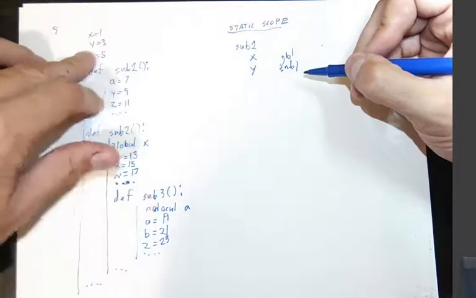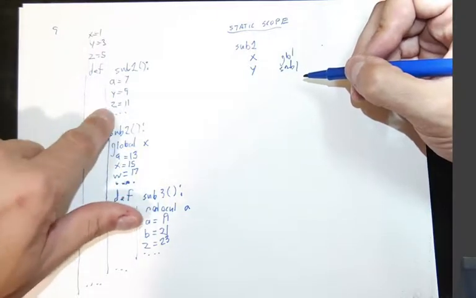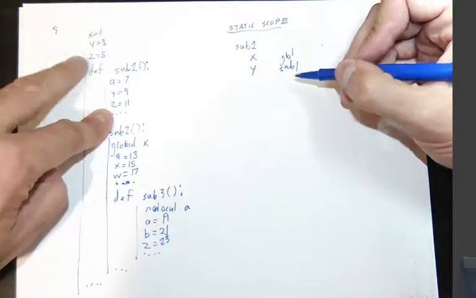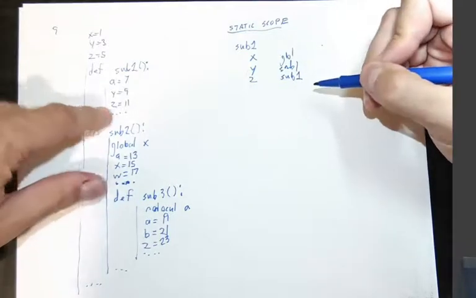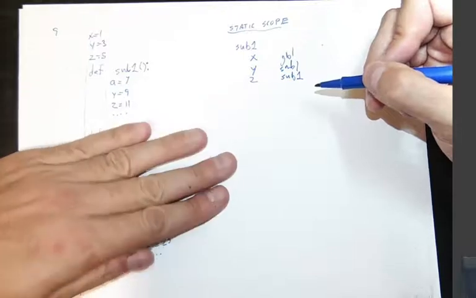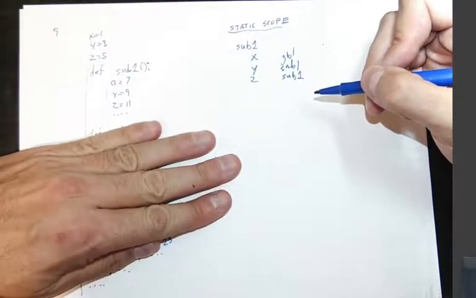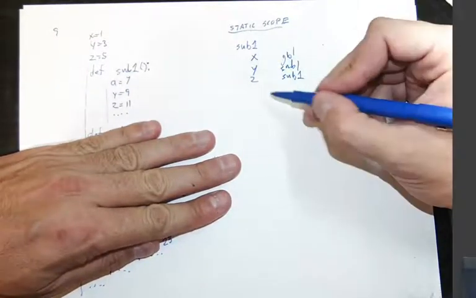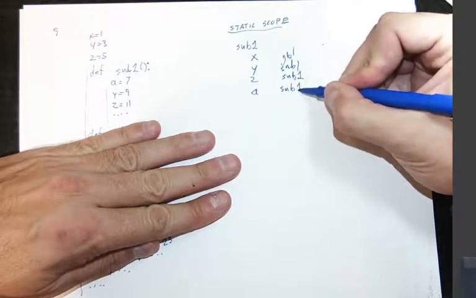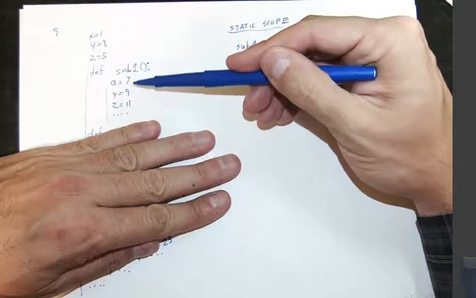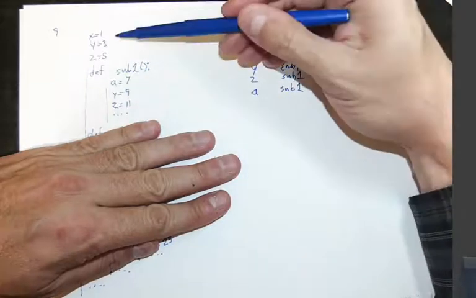We've got z. The z was declared in sub1, and so that's going to shadow the global one. Okay, and nothing else is visible inside of sub1. So that's it. A is declared in sub1. I almost missed that. So we have A, Y, Z, X.